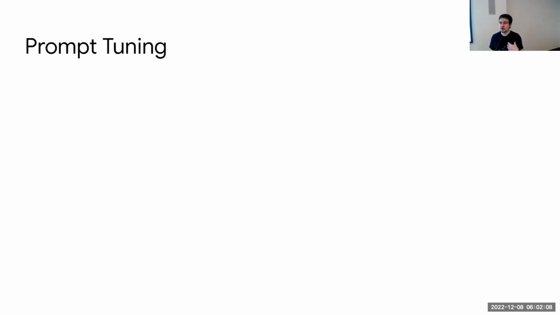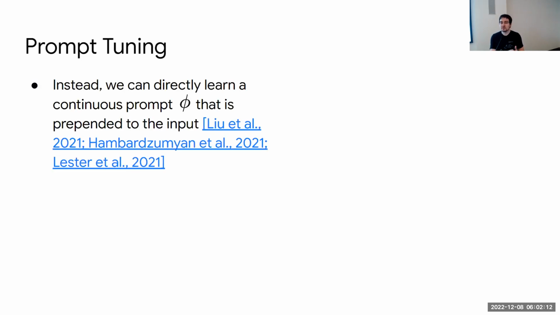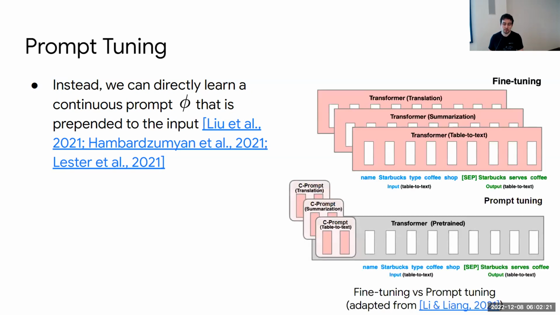So in practice, the more robust way is, instead of using text to define a prompt, to learn the prompt directly in a continuous manner, and then prepend this continuous prompt to the input.